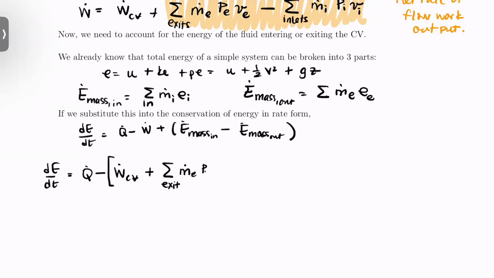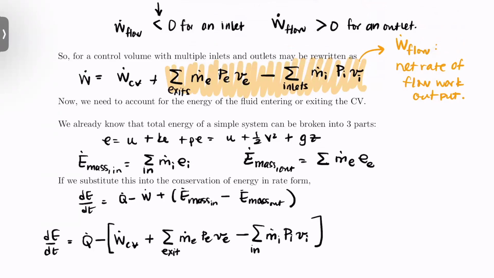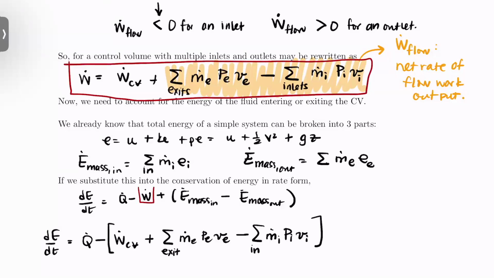So I have m dot e Pe specific volume at e, minus the inlet m dot i Pi vi. This W dot I'm expanding in the exact same way that we did before. Everybody follows? Okay, perfect.